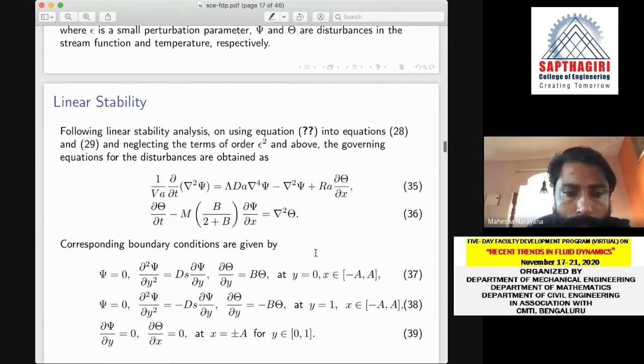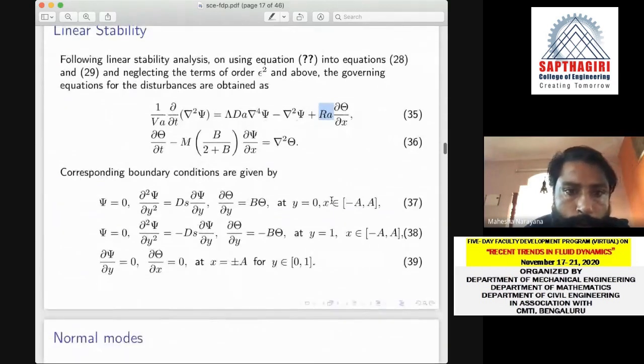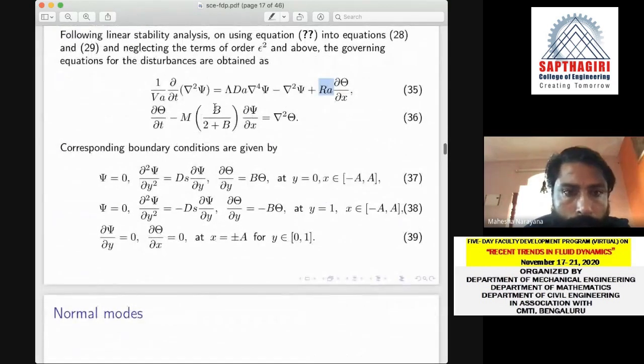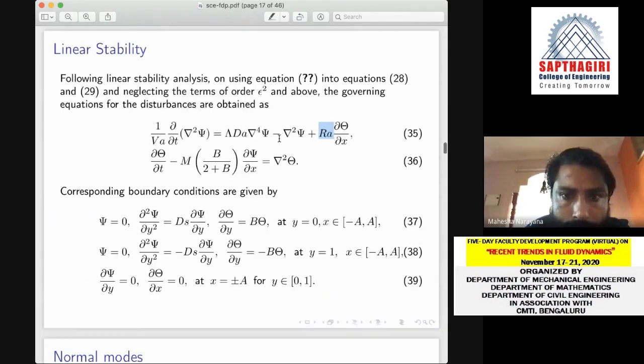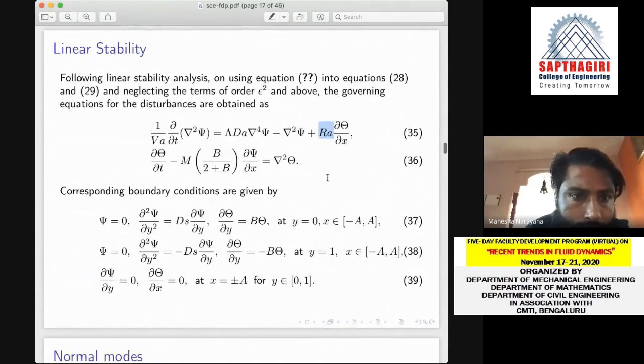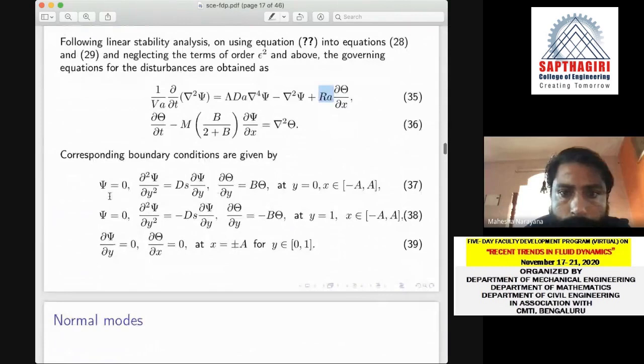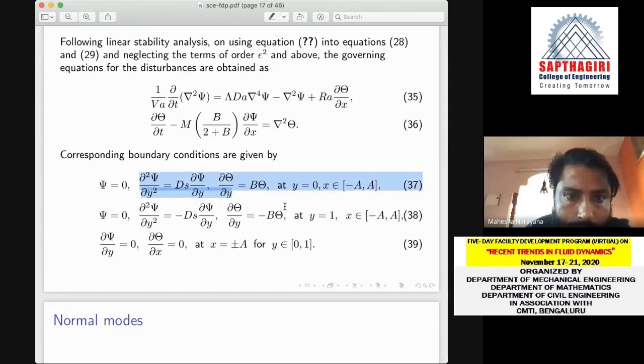Okay, and this linear stability analysis gives us information about when the convection sets in the system, based on the value of the Rayleigh number. Okay, so equations 35 and 36 are linear in nature, and boundary conditions 37, 38, 39, if you see, they are homogeneous in nature.